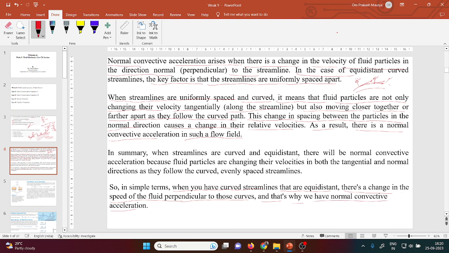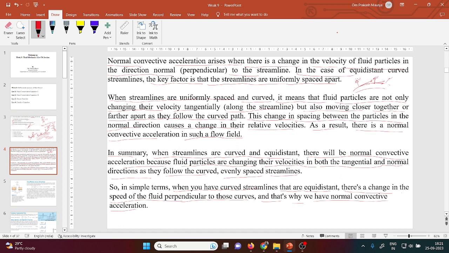One line is also written here. In summary, when the streamlines are curved and equidistant, there will be a normal convective acceleration because the fluid particles are changing their velocity in both tangential and normal directions as they follow the curve and evenly spaced streamlines.